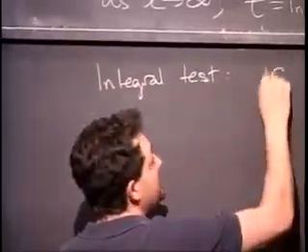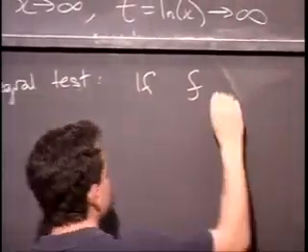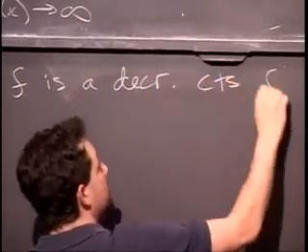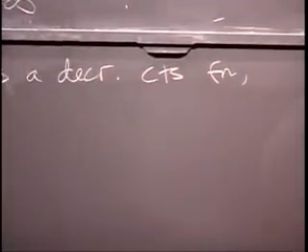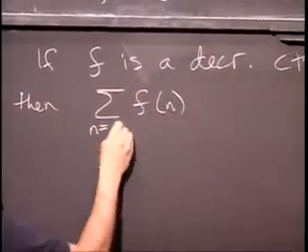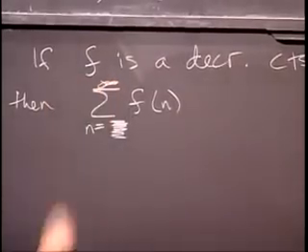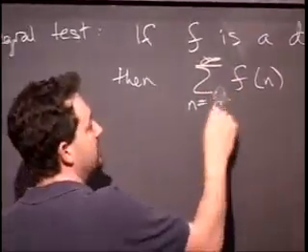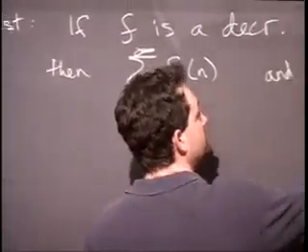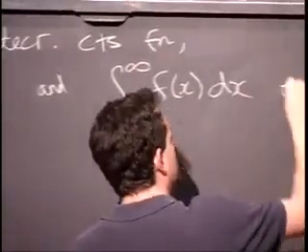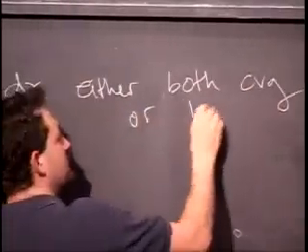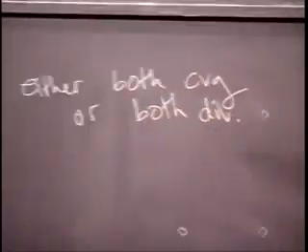It says that if f is a decreasing continuous function, then the series f of n from n equals anything, I sometimes put a little squiggle there, it doesn't matter where you start, I'll call it an a, then the series and the integral either both converge or both diverge. So practically, whatever the integral does, the series does as well.